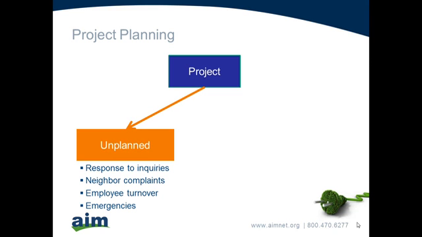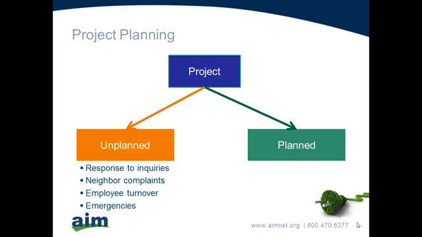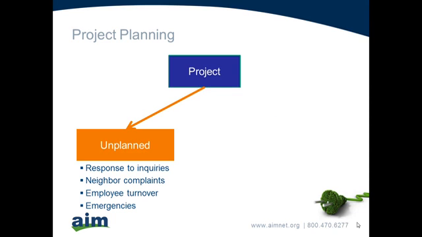and some examples of unplanned projects are responses to inquiries, neighbor complaints, unexpected employee turnover, and emergencies. These unplanned events cause us to be reactive, go into reactive management mode to address unplanned issues. And then we have planned projects.